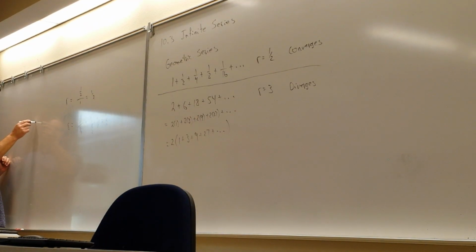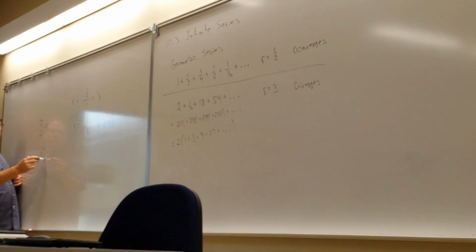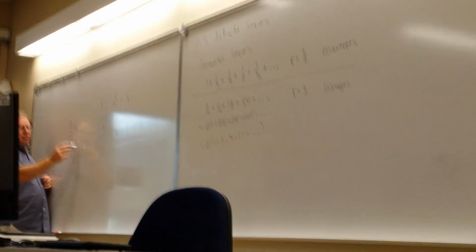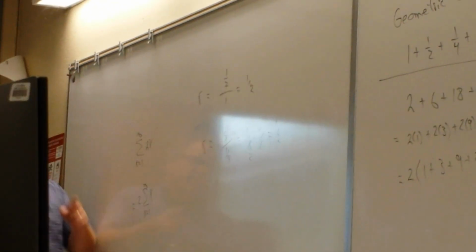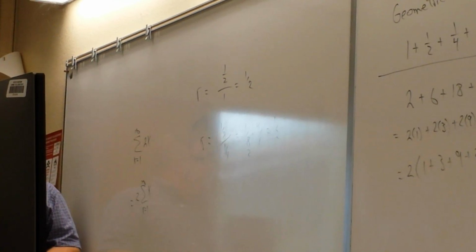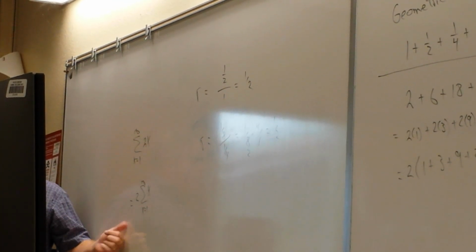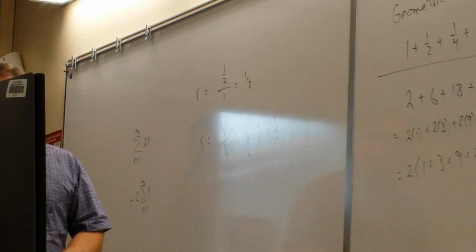But when you have the sum as k goes from 1 to infinity of something in here, 2k, a constant multiple inside can be factored out. That's not the same as this, but that's what's happening there. Does that make sense? That's why I wanted you to see that.